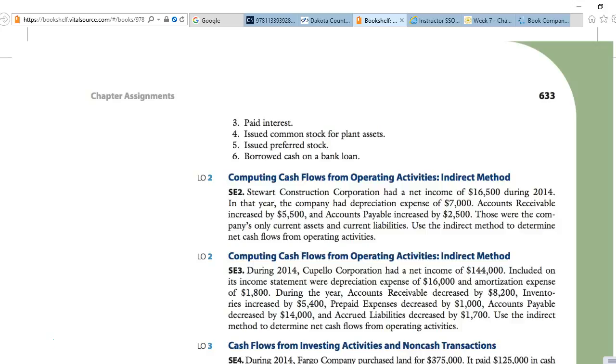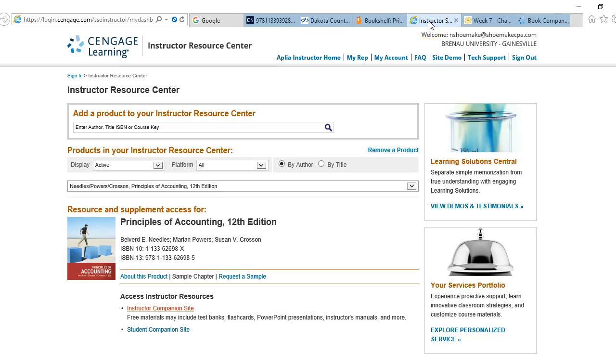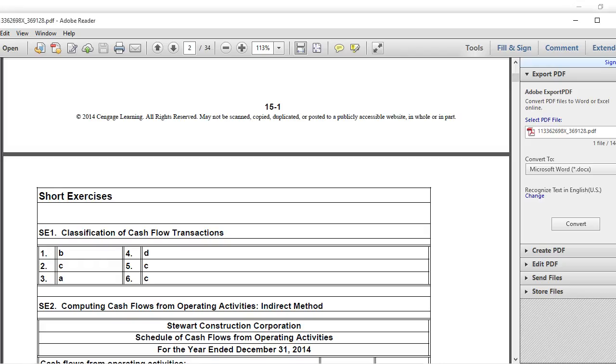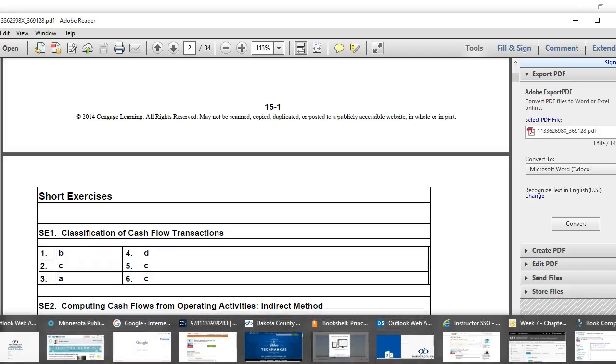Borrowed cash on a bank loan. Financing.